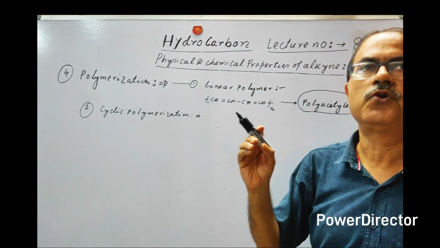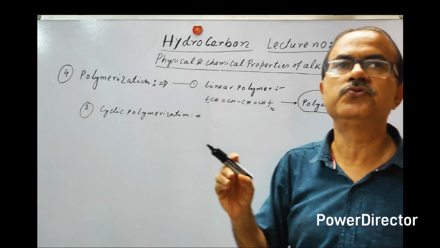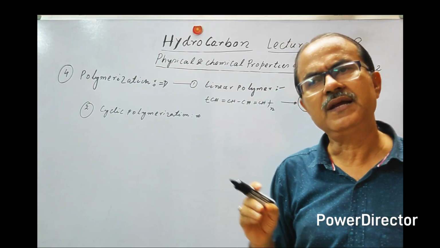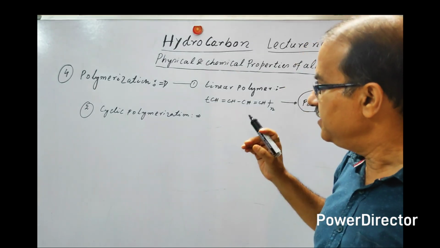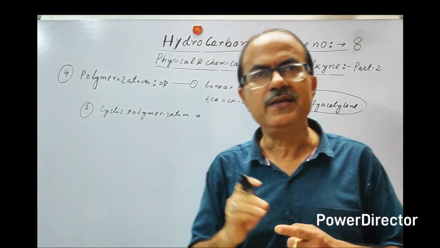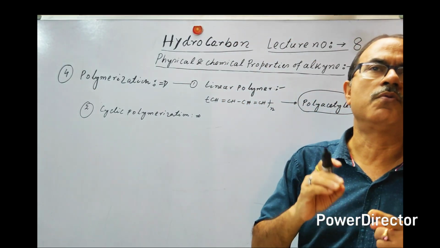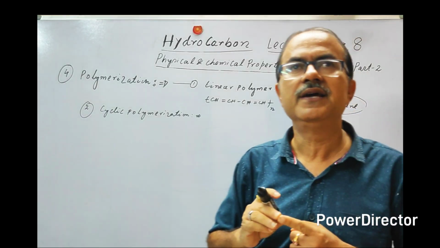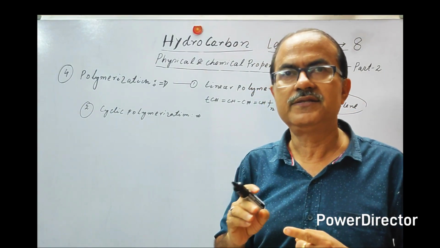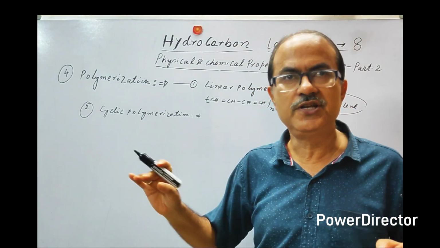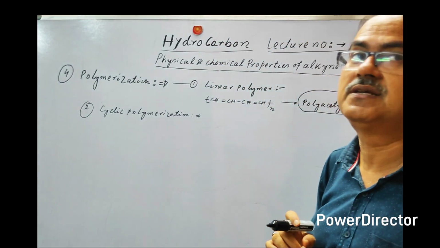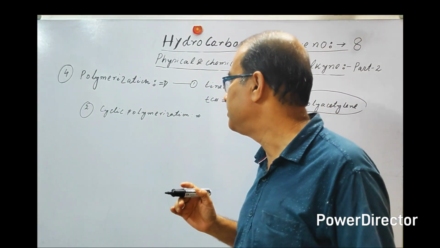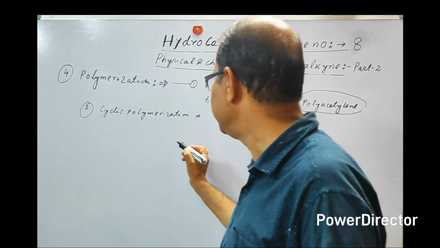Like you can produce the alkene, you can produce the alkane, and other types of compound you can observe. And in this way, by cyclic polymerization, you can convert the aliphatic hydrocarbon, that is straight chain hydrocarbon, to the cyclic hydrocarbon, that is benzene. And you can see this reaction.